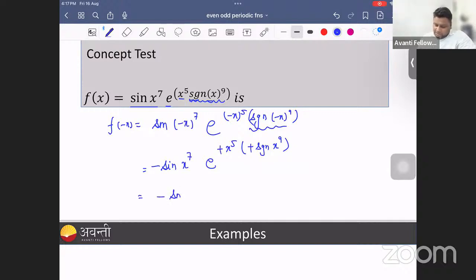So minus of sine of x to the power 7, e to the power x to the power 5, signum of x to the power 9, which is minus of f(x). All right. So this f(x) is an odd function. Very good, Sridev. Very good, Rahul. Very good, Sunanda Kumari.